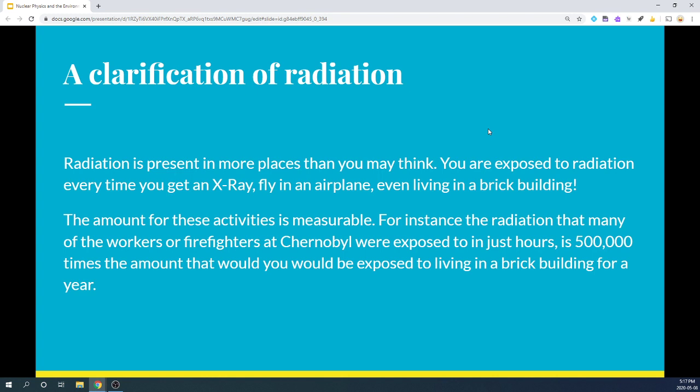However, the radiation comparable to the workers at the nuclear power plant is around 500,000 times the amount that you would be exposed to living in a brick building. So amount is important here, and also the time in which it happens. And everything at the Chernobyl nuclear power plant happened very, very quickly for those exposed to high doses of radiation.